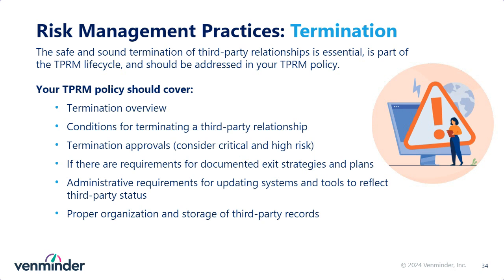So we do want to have a section in our policy. We want to have that overview, and we want to talk about the conditions that might result in a terminated relationship, whether that's end of contract, poor performance, breach of contract, et cetera. We do want to list if there's any specific approvals that are required to terminate a contract.